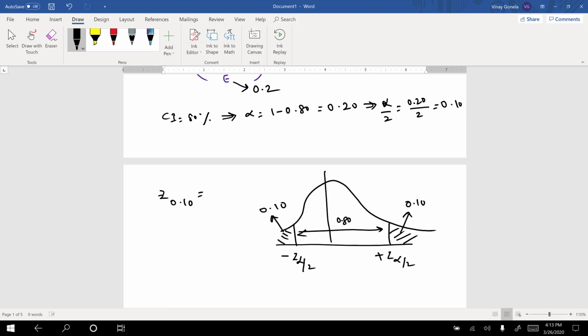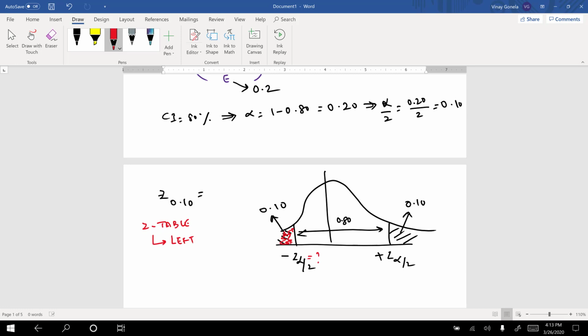So since our z table gives left of the curve, so that is this area, so when we look at our z table we will get this value.